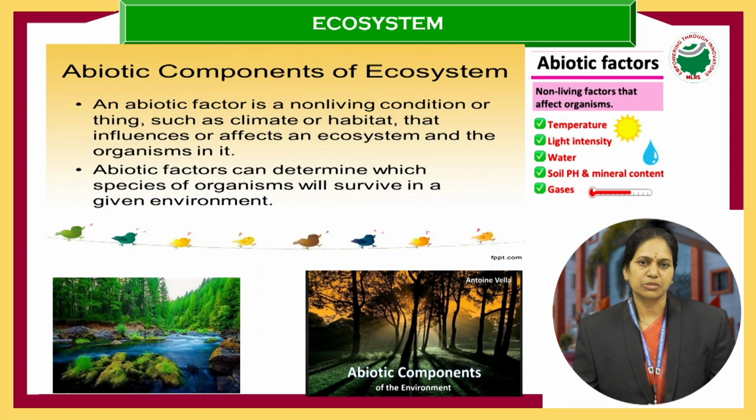Next one, abiotic components. Abiotic components are also called physical components which support life. An abiotic component or factor is a non-living condition or thing such as climate. It can be heat, water, soil pH, soil moisture, or the fertility of the soil.